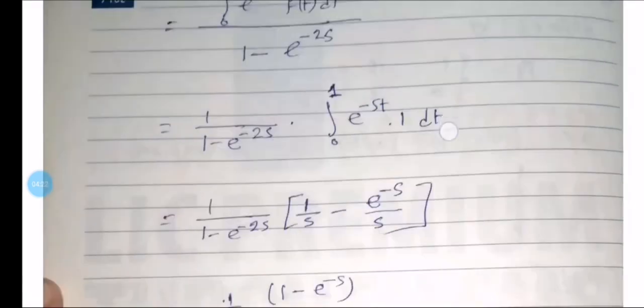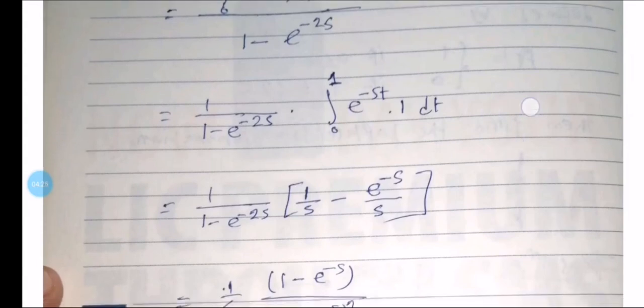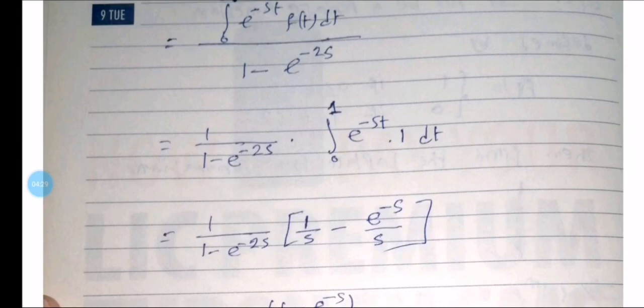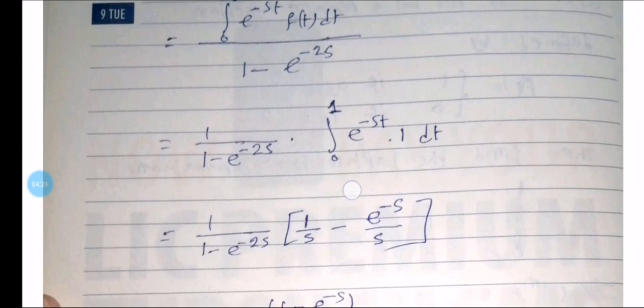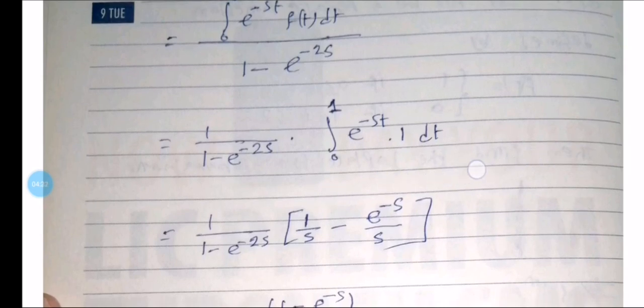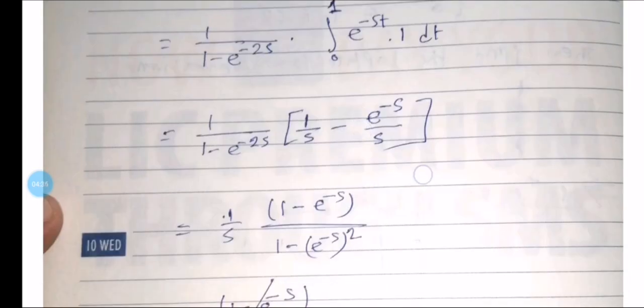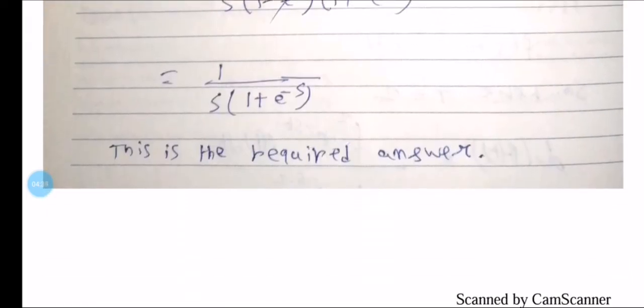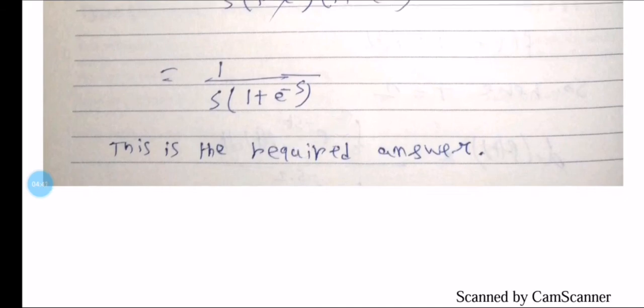So the other part is 0, because the f of t value is 0 between 1 and 2. Between 0 and 1 it is defined only, and the value is 1. Do the integration and after the final calculation you will get 1 by s into 1 plus e to the power minus s. So this is the required answer.